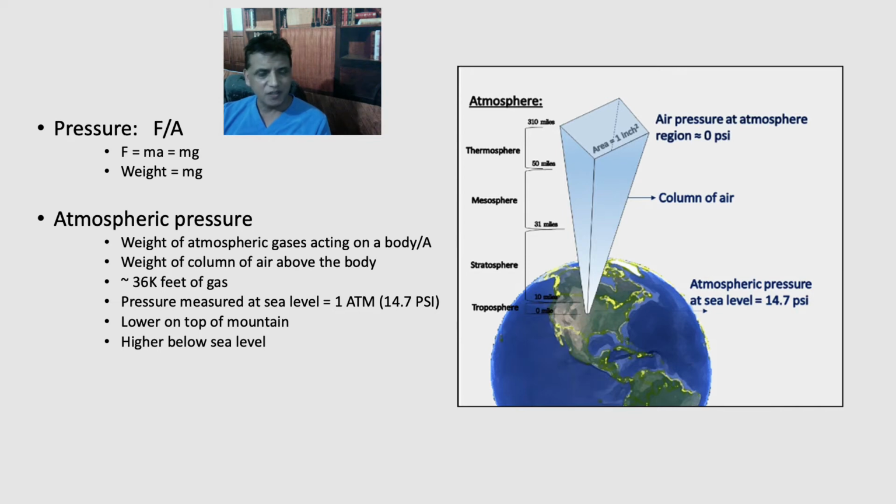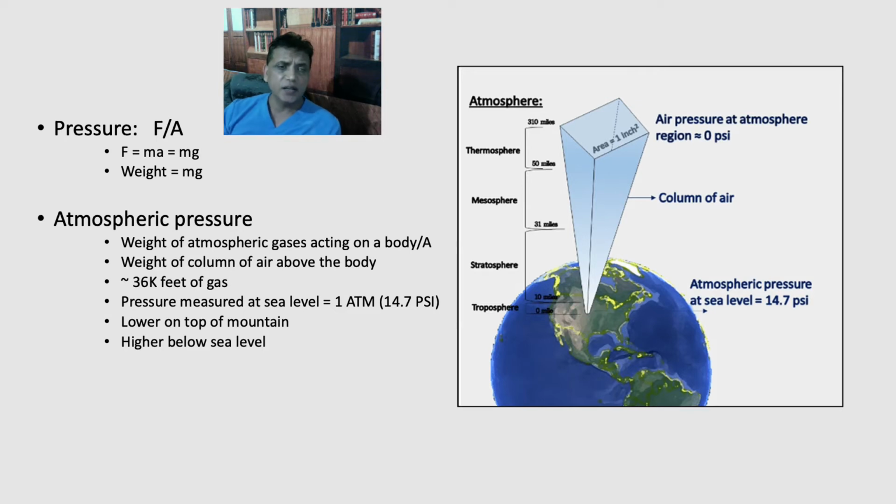But mg is equal to weight. So what does that mean? It means that pressure is weight divided by area. And when it pertains to atmospheric pressure, it is the pressure acting on a unit area of a body due to atmospheric gases. So let's do a little thought experiment.